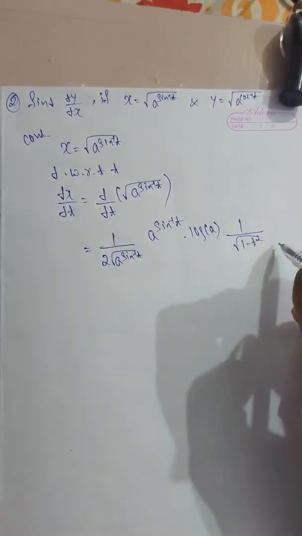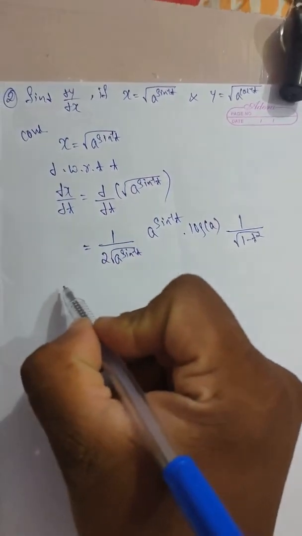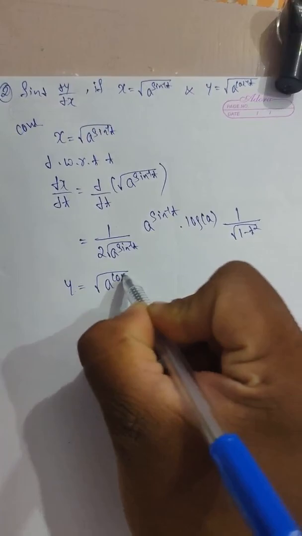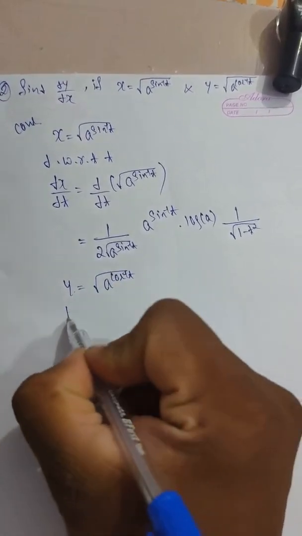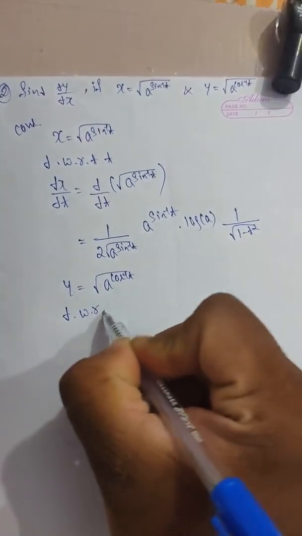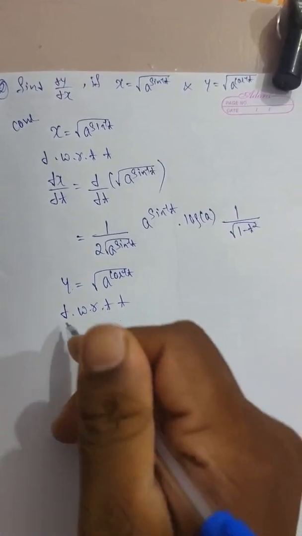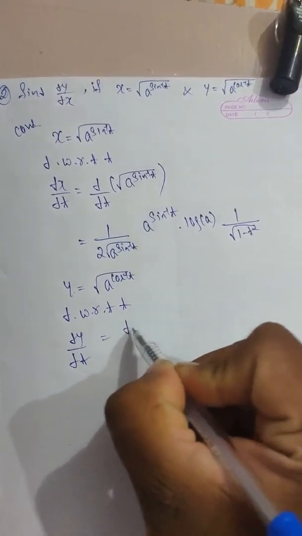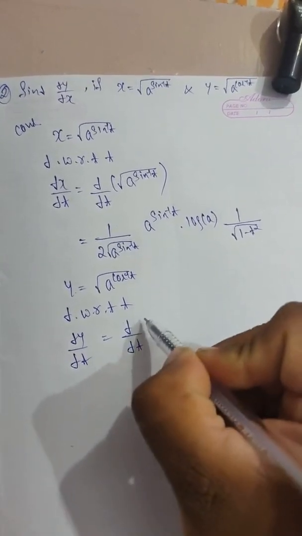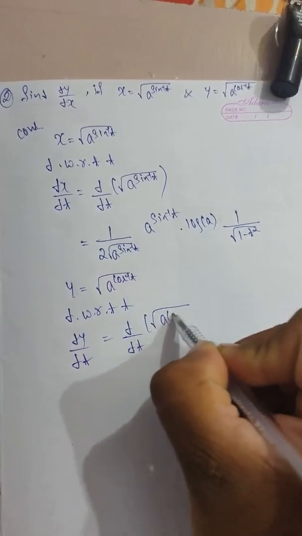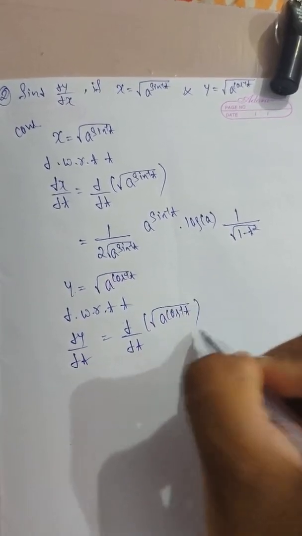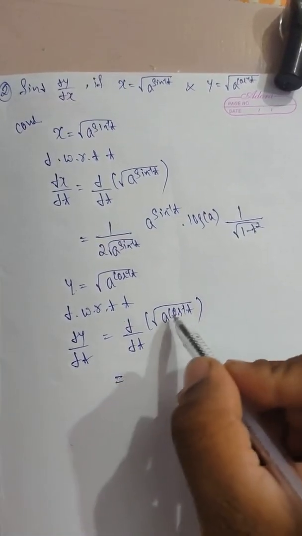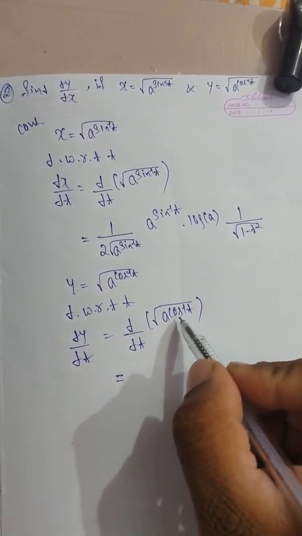Now y is equal to root of a to the power of cos inverse t. Same as before, differentiate with respect to t. Here also you apply the chain rule differentiation. dy by dt is equal to the differentiation of root of a to the power of cos inverse t. First you differentiate the root, then the a, and then the cos inverse t.